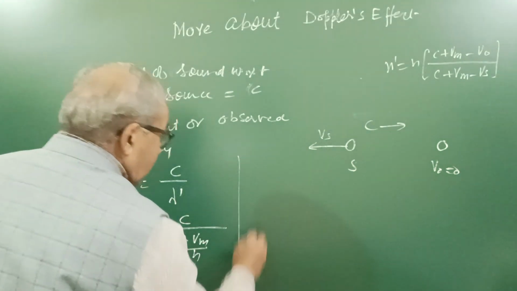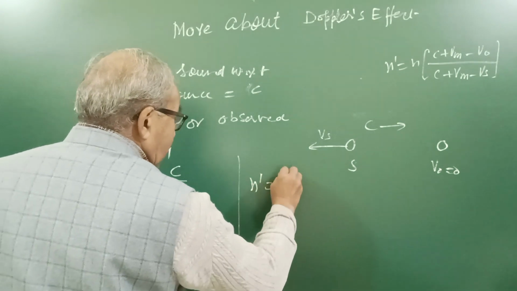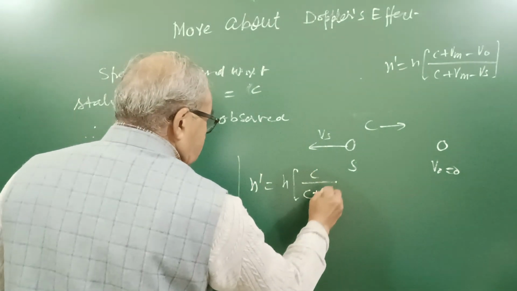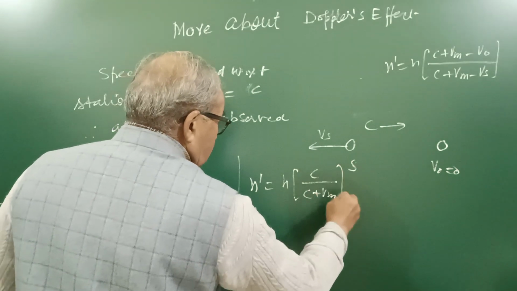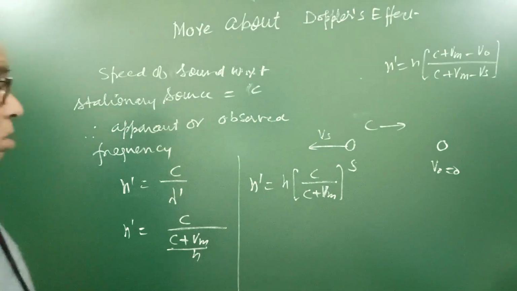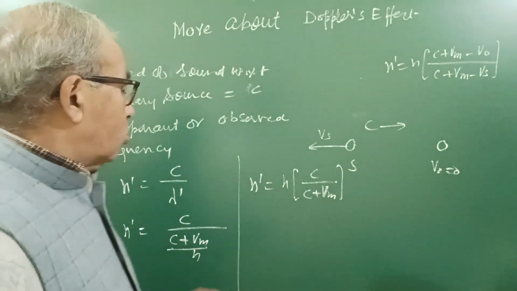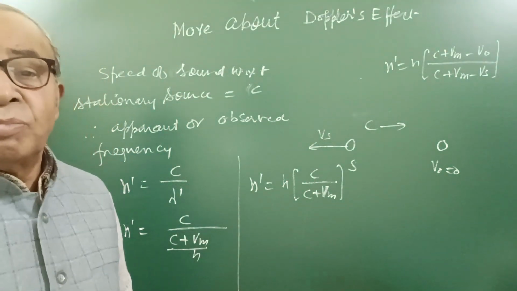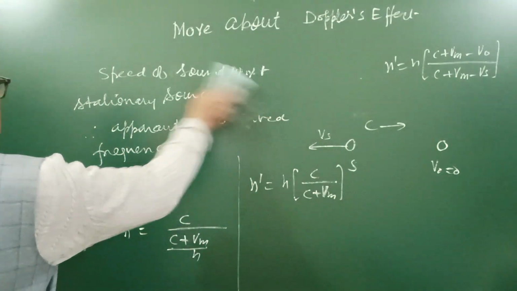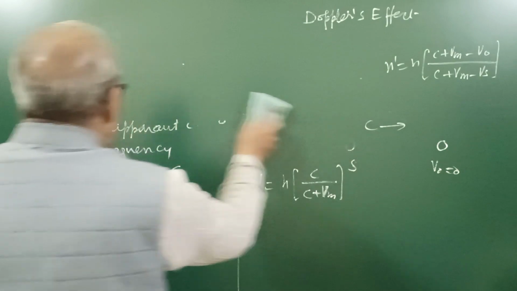So n dash comes out to be n bracket c upon c plus vs. As the numerator is less than the denominator, n dash is less than n. So that way you can obtain it for any case.